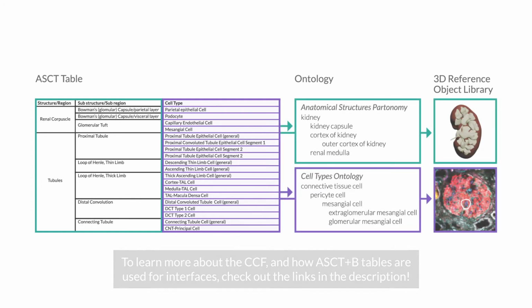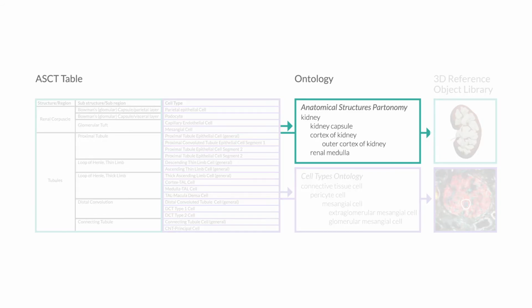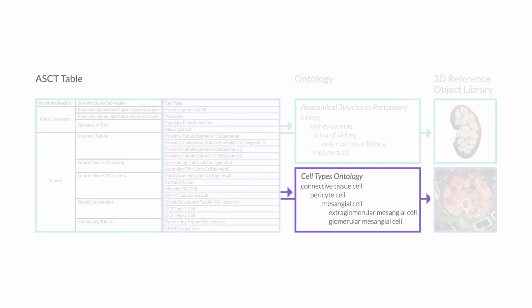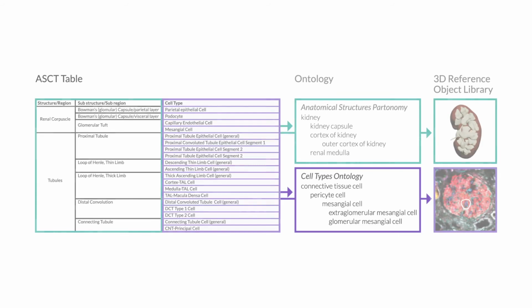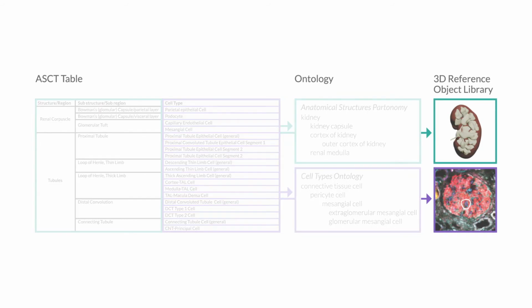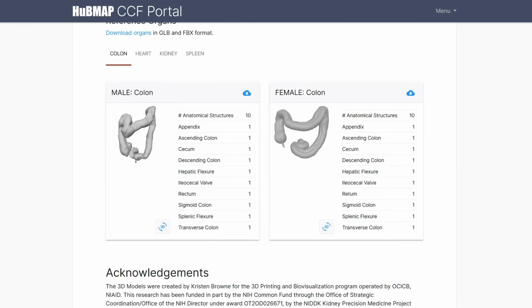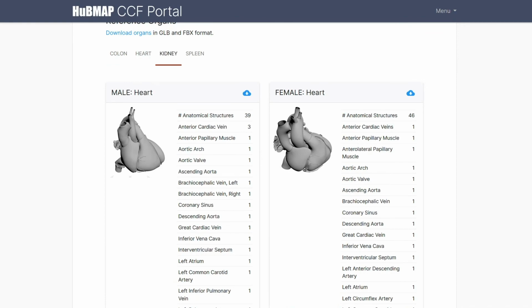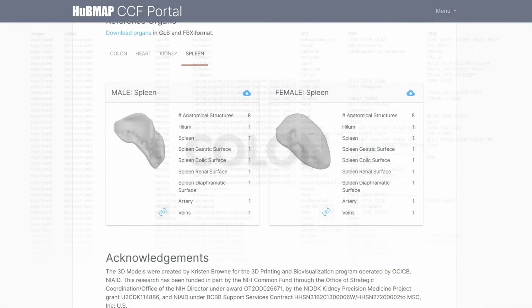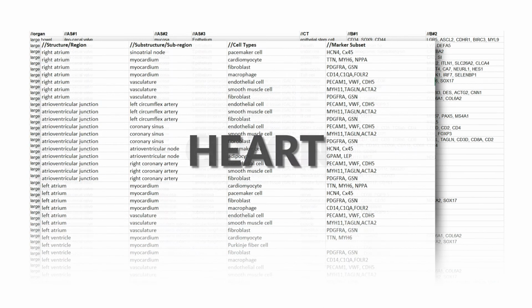Specifically, they're used to develop anatomical structure partonomies and cell type typologies in support of semantic search. The tables are also used to design semantically annotated 3D reference organs in support of spatial registration, mapping, and exploration. As new cell types and biomarkers are discovered, the tables will need to be expanded.